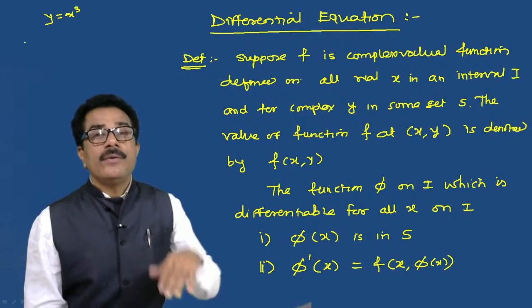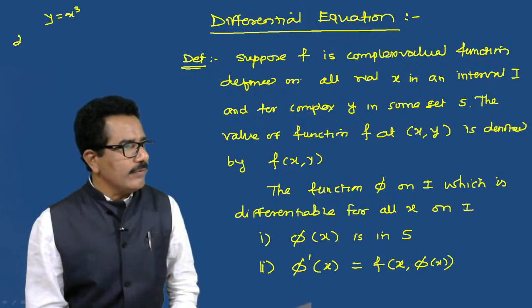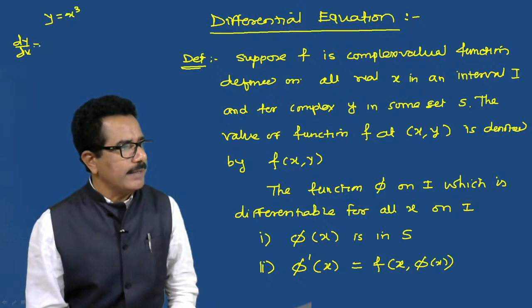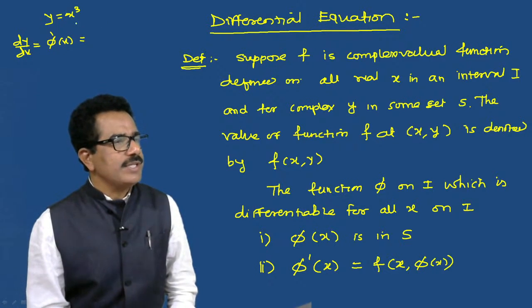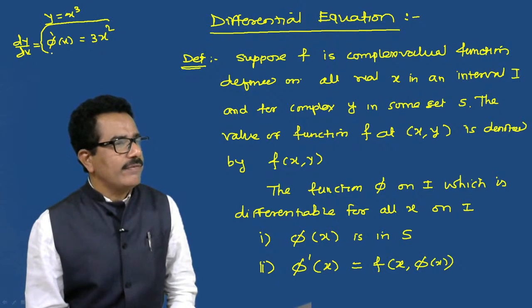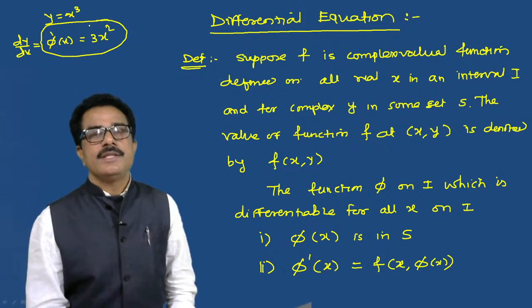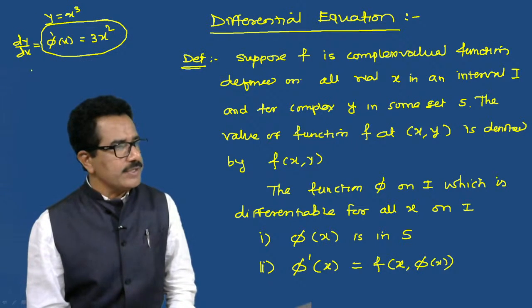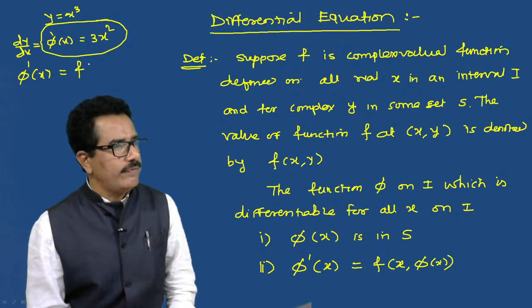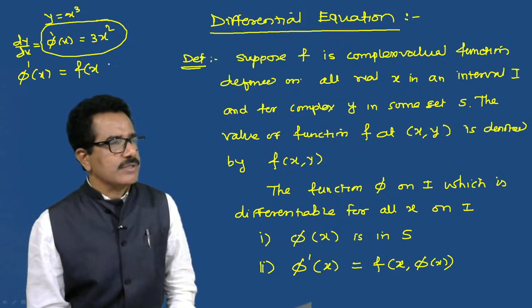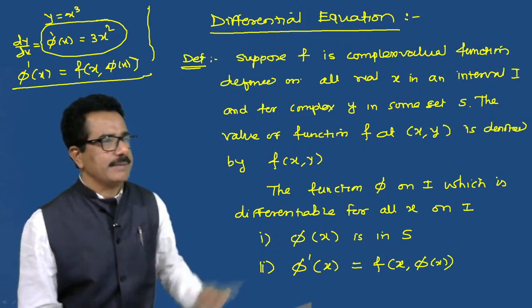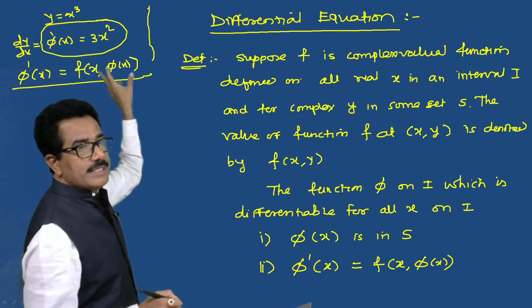So then we introduce a new function which is a differentiable function. That function gives us 3x square. This is another function, and this function is written as phi dash of x, which is equal to f of x comma phi of x. See, this is the representation. For example, this is the example.